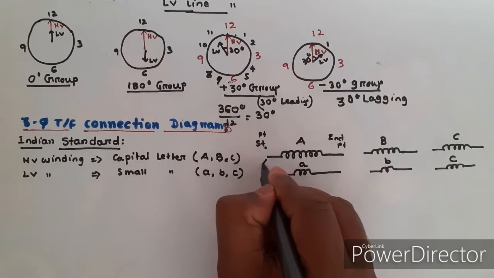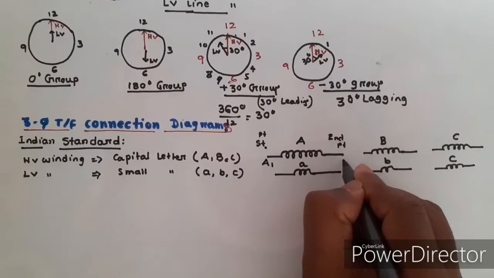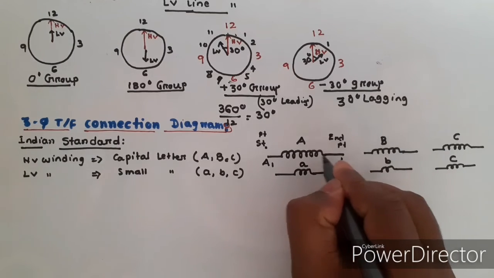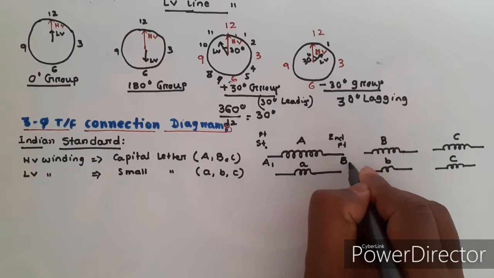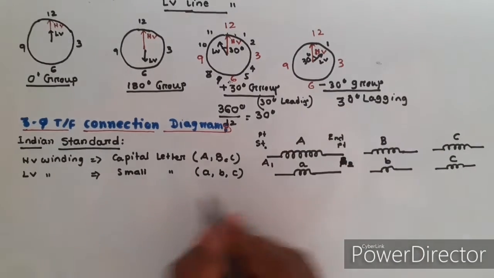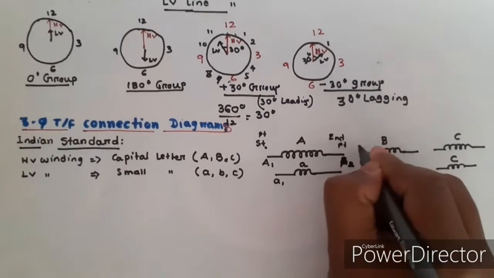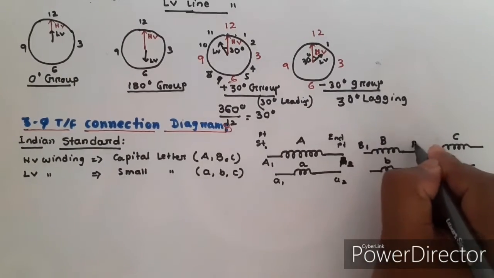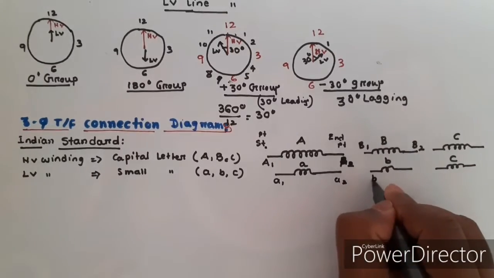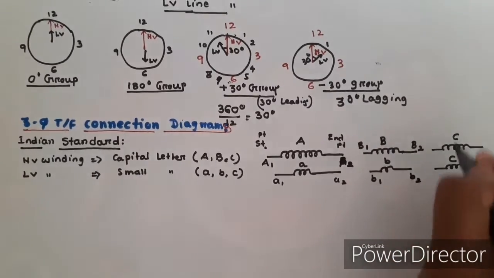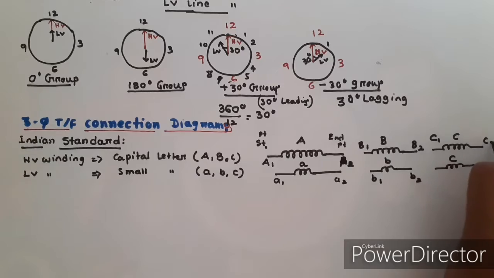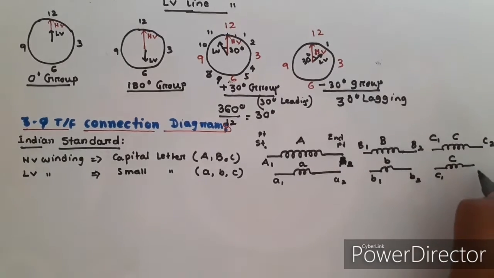The starting point is A1, capital A1 for HV, and A2 for HV. Here a small a1, a small a2. For B phase, B1, B2, a small b1, b2, capital C1, C2, a small c1, c2.